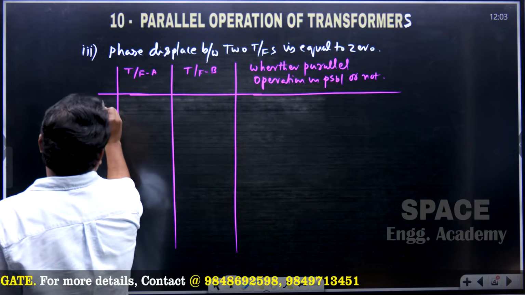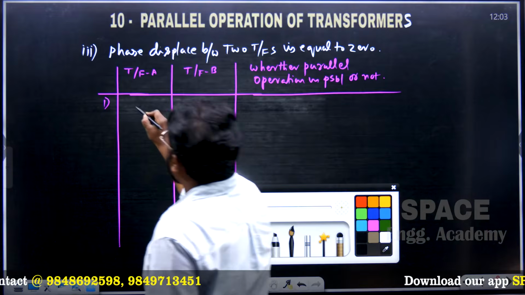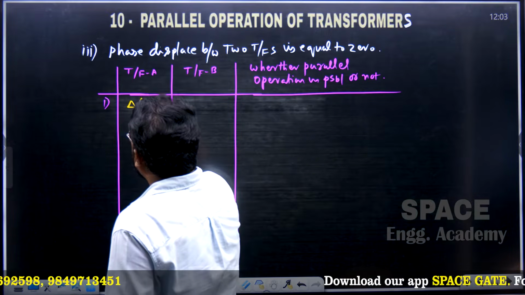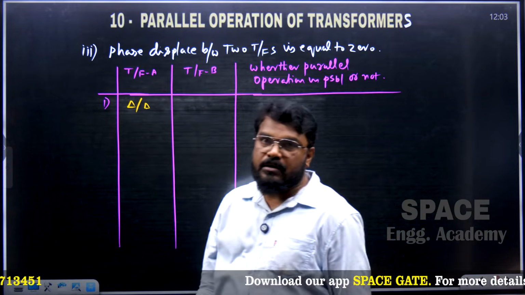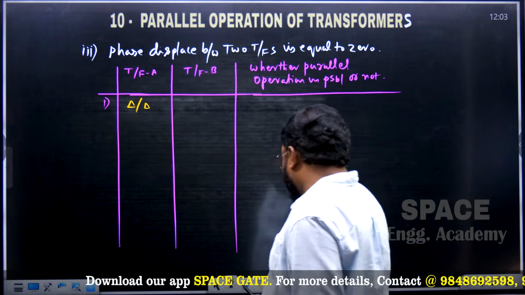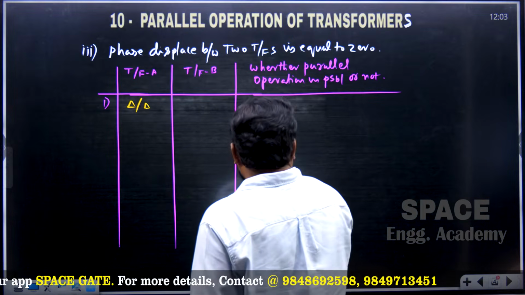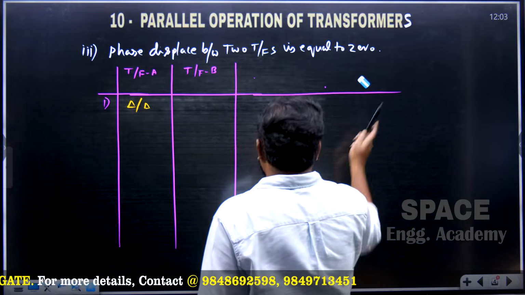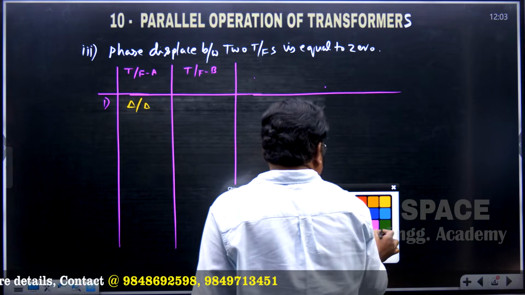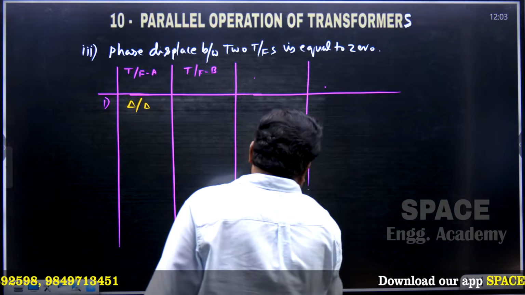So the first connection: suppose transformer A is a delta three-phase transformer. And from the parallel operation point of view, let us consider one more column, where transformer A is a delta, and here the phase displacement.